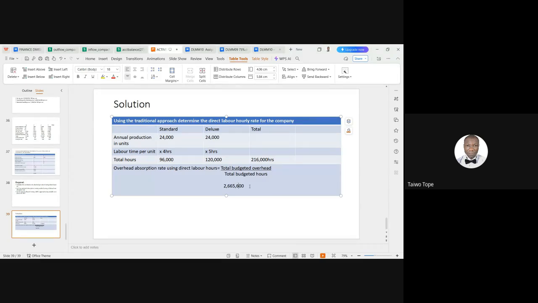So divide by what? 216,000. Once you do this, the result will be 12.34. This is the overhead absorption rate, and it is in naira.